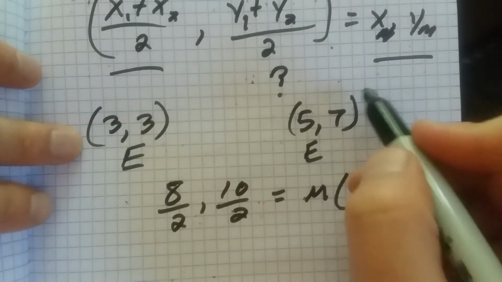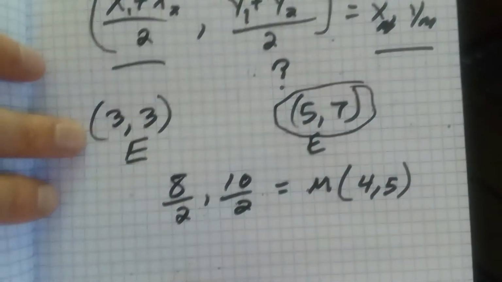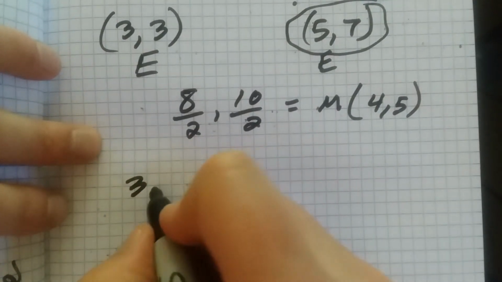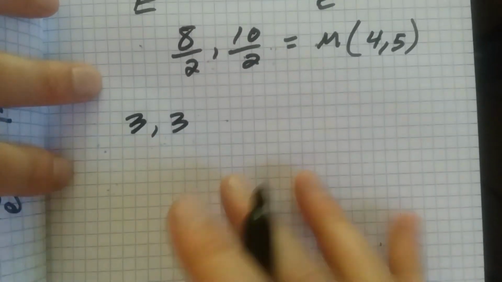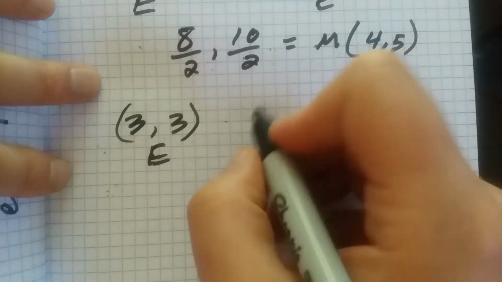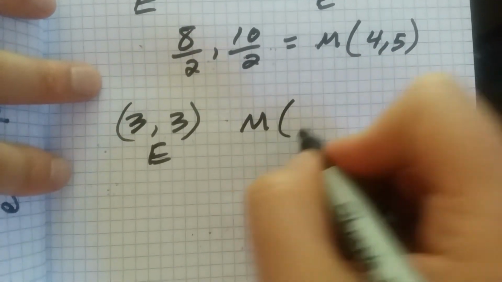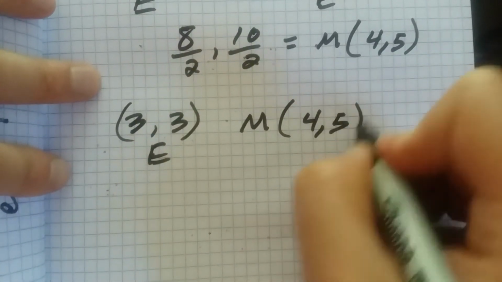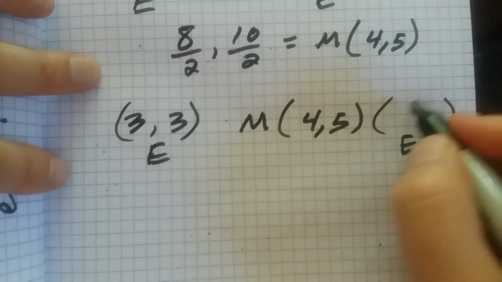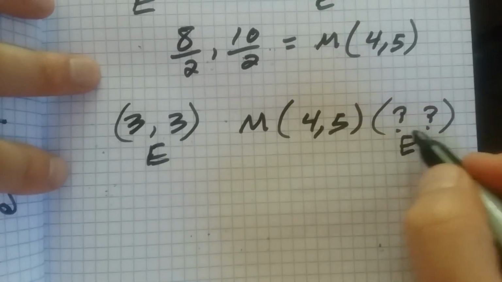Okay, say we didn't know this 5, 7. You could say 3, 3 is an endpoint. My midpoint is 4, 5. And what's my other endpoint? That's the idea. We're trying to find that. Okay, we can use algebra.